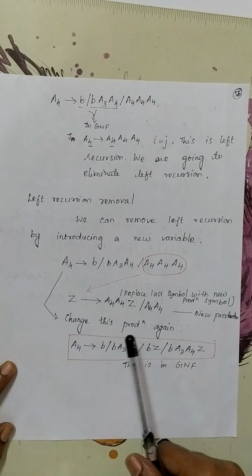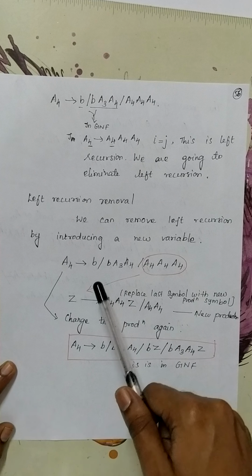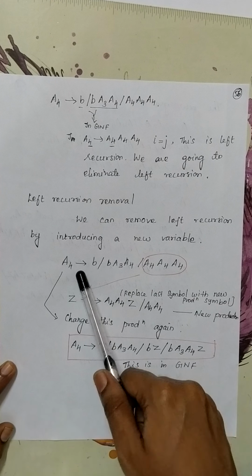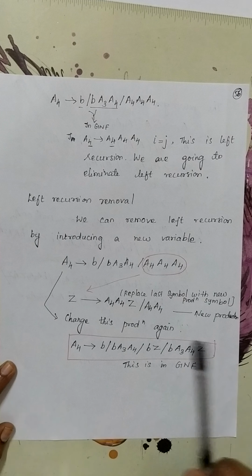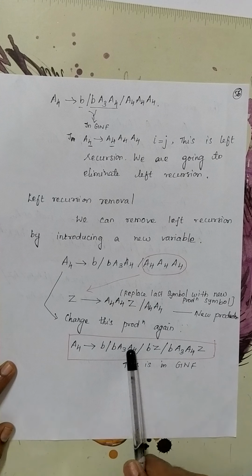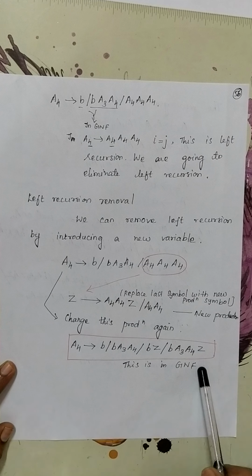So now this is the new production that we are getting after processing this production A4. So A4 gives B or B, A3, A4 or B, Z or B, A3, A4, Z. So we can check whether this is in GNF.